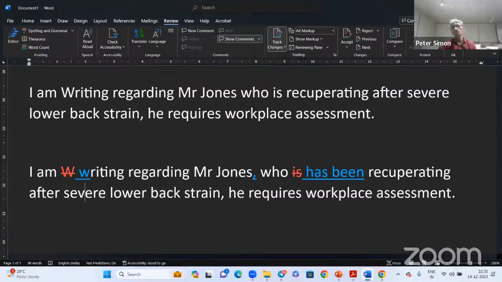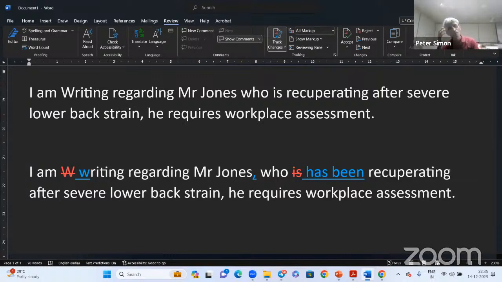After severe lower back strain or recuperating from pain, not after pain. After pain means pain finished. Then where is recuperating? Recuperating after a surgery, okay.